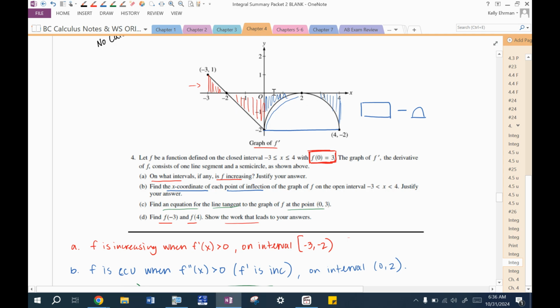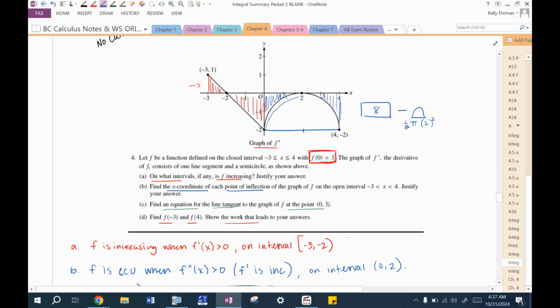So the area of the rectangle is 8, 4 times 2. The area of the semicircle is 1/2 times pi r squared. R is 2, right? You're going from 2 to 4.